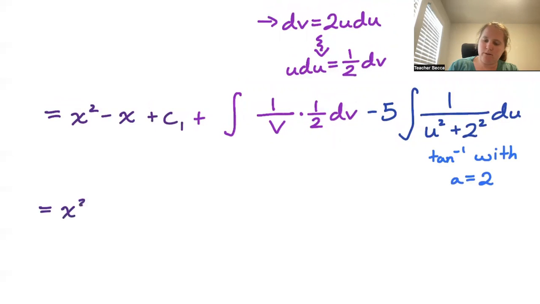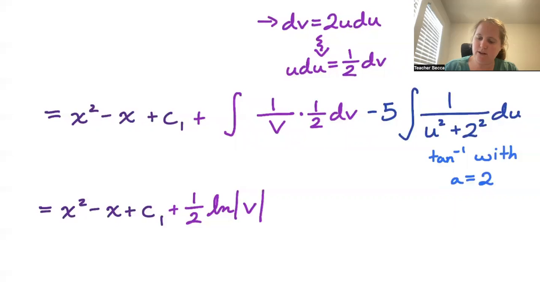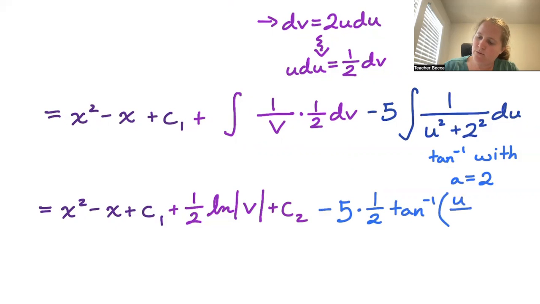So we have x squared minus x plus c1, then plus 1/2 times the natural log of the absolute value of v plus c2. Then we have minus 5 times 1 over 2 times tan inverse of u over 2 plus c3. Again, that's the variation of tan inverse where we have a plus a squared.